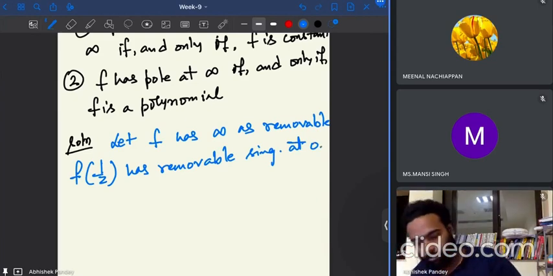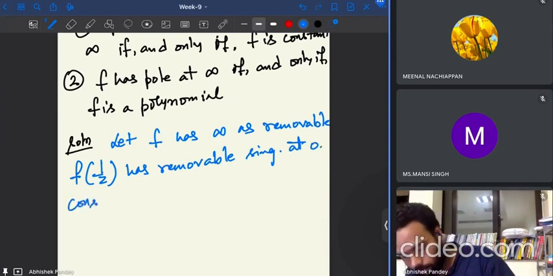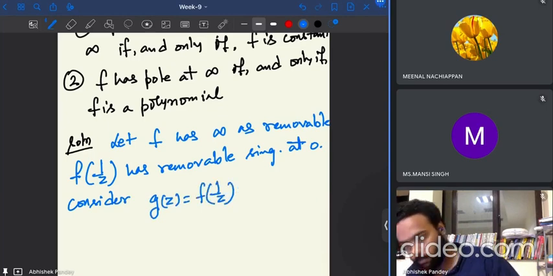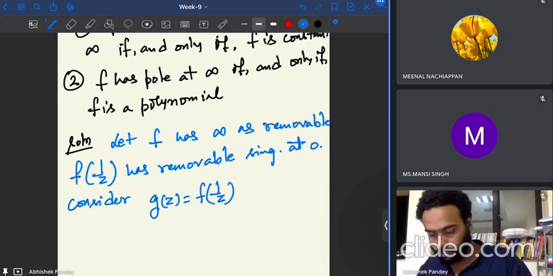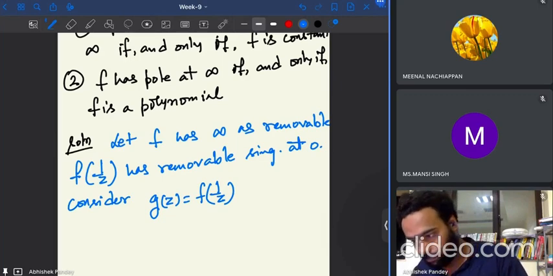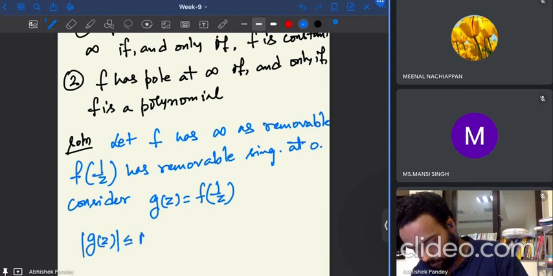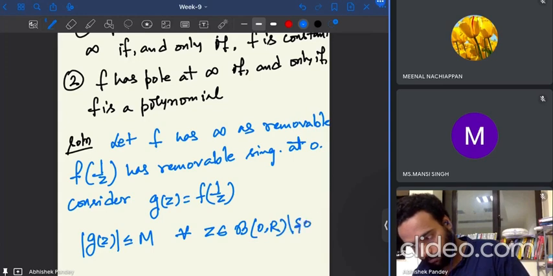So consider g(z) equals f of 1 by z. Since g has a removable singularity at 0, g is bounded in some neighborhood of 0, that is, for z in some punctured disc of radius r.